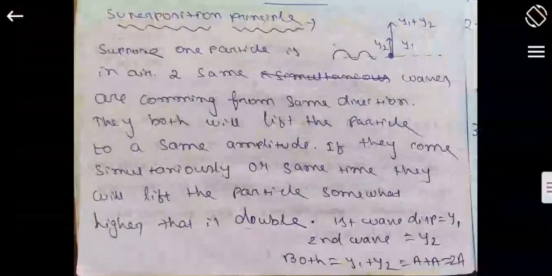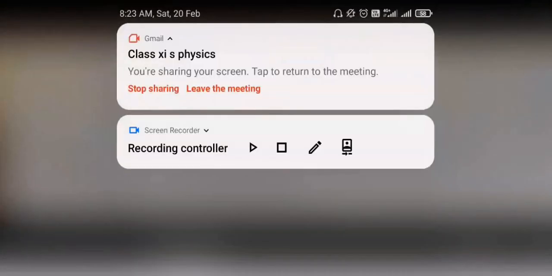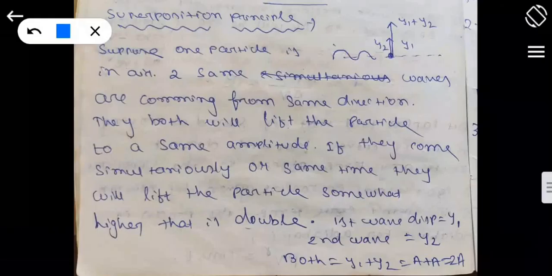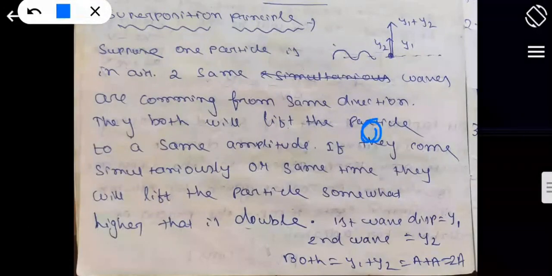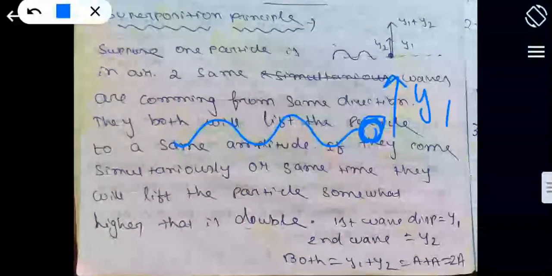Next we are going to start the superposition of waves. For superposition, I can tell you one simple example. If one particle is here, and a wave is coming in this direction, when the crest comes to this particle's point, obviously it is going to lift up to some height y1.